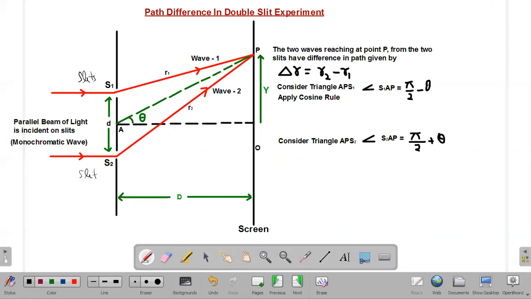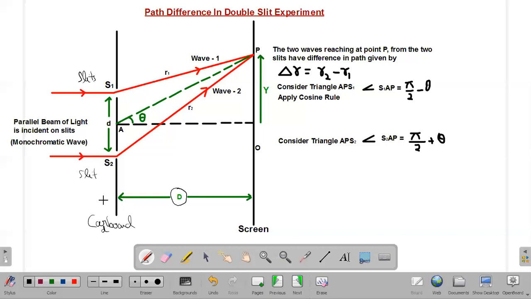Capital D denotes the separation between the cardboard in which we create the slits and the screen. So we have a cardboard in which we create two parallel slits, and from that cardboard we have a parallel screen at a distance of capital D.